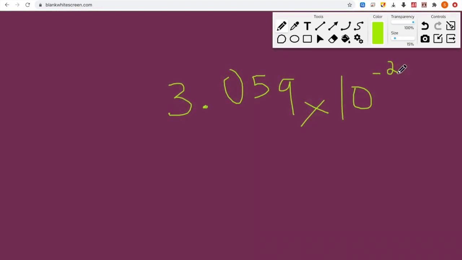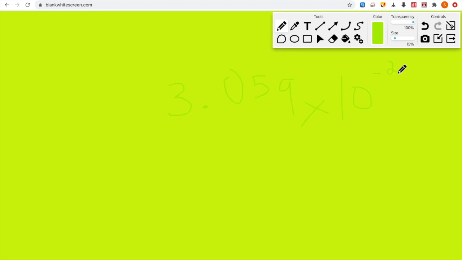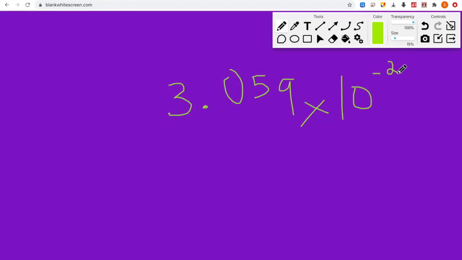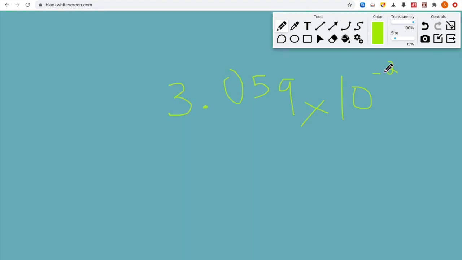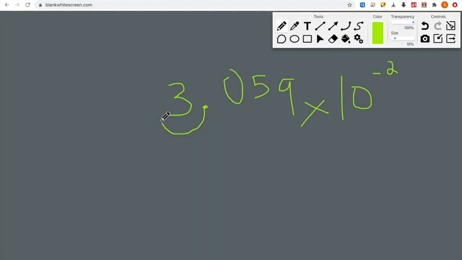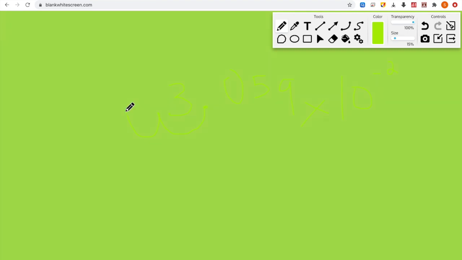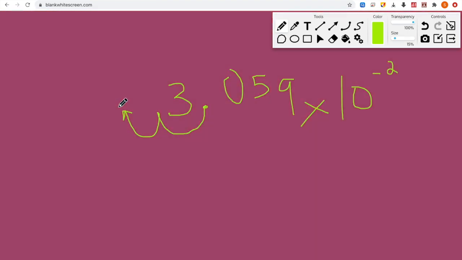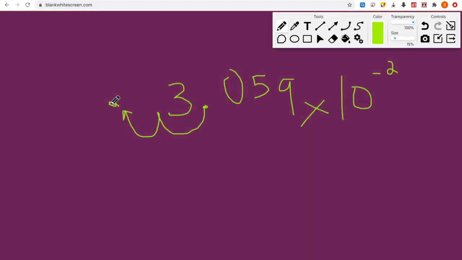So once again, I'm starting in scientific notation and going into decimal form. So with that, I know if the exponent's positive, I'm going to the right. But in this case, since the exponent's negative, I'm going to be going to the left. So over 1, over 2 to the left. I'm going to put my decimal right here.